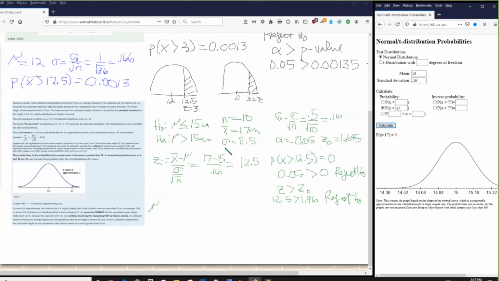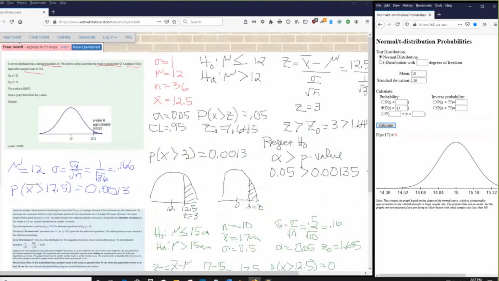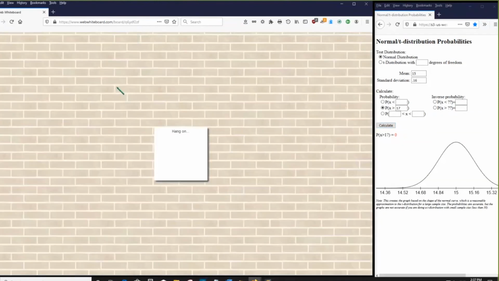So we would say it's more likely that the height of the bread is greater than 15 centimeters. Okay, let's do a new one and do populations.